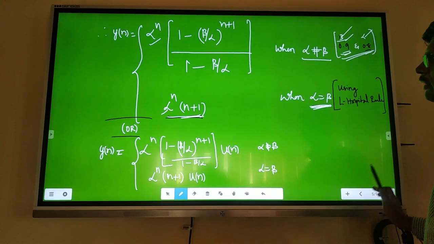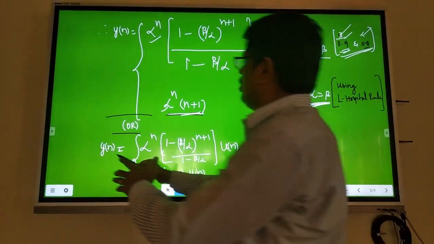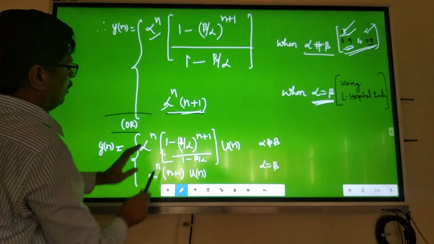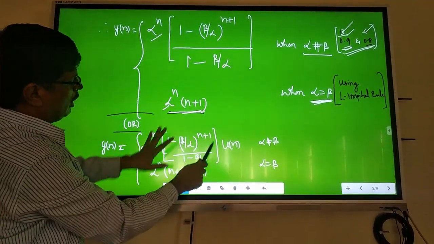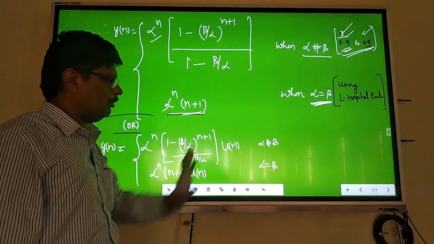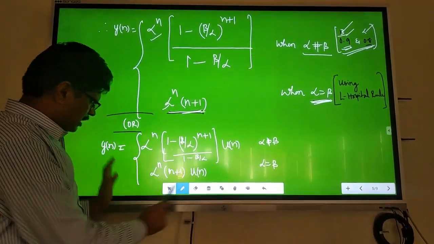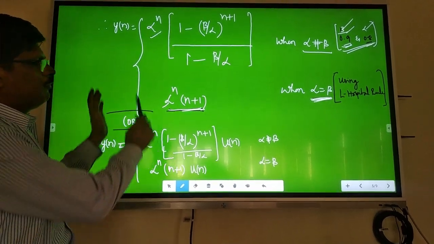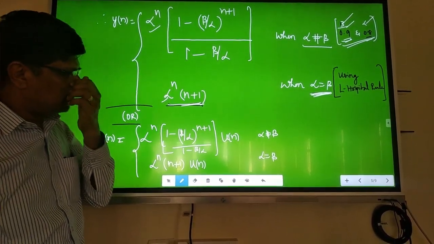Then you have to write it in that way only. So y of n is equal to alpha to the power n, 1 minus beta by alpha to the power n plus 1, by 1 minus beta by alpha, into u of n, for alpha not equal to beta, and likewise for alpha equal to beta. Just write in terms of u of n, and you will not miss anything.